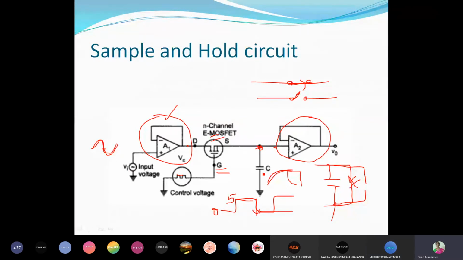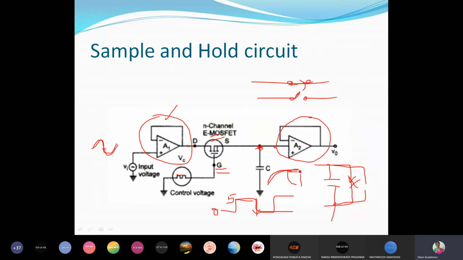Input voltage. Then now the switch is in off condition. Then what will happen? The capacitor cannot discharge. Actually, it should discharge, but there is an open circuit here because a high impedance circuit is there. Therefore, it cannot discharge. What will it do?